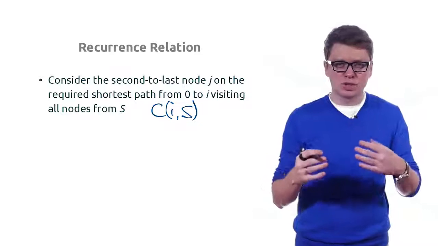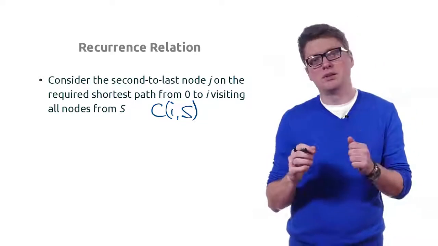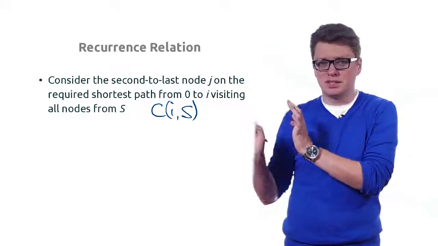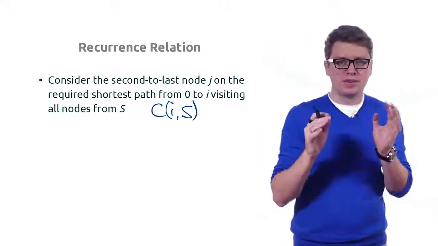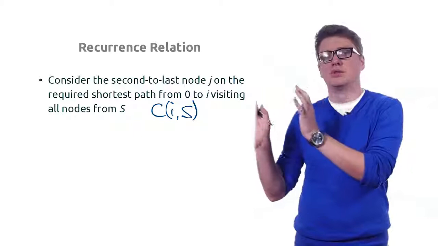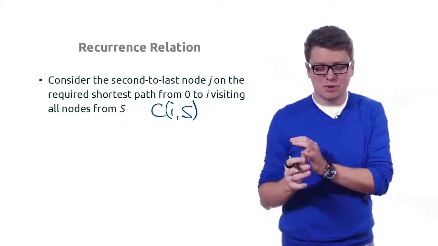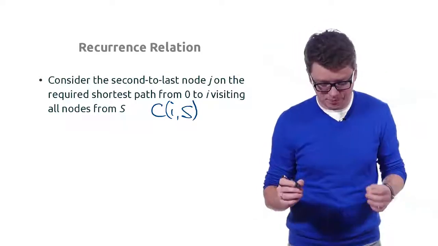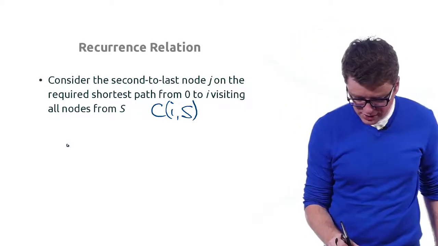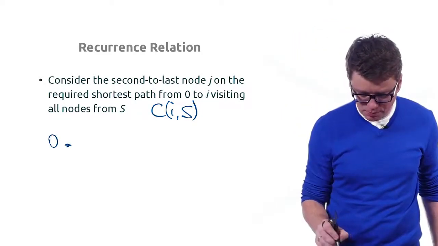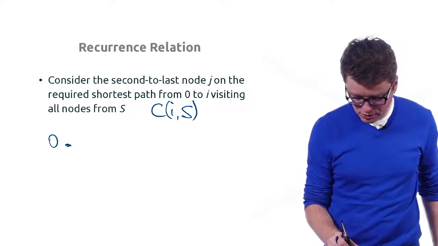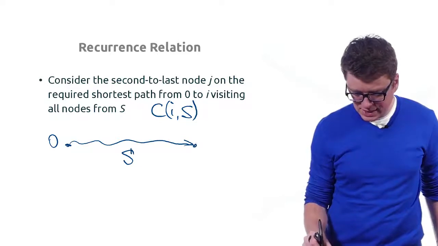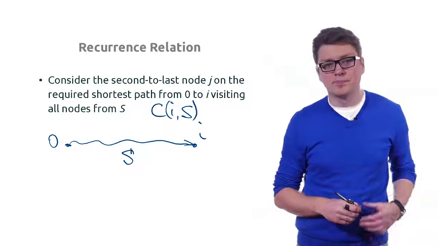So we are going to express C of (i, S) through the values of C of some other subsets. So we're going to relate C of (i, S) to values of the same function for probably smaller sized sets S. Okay, so what is C of (i, S)? This is the length of an optimal path starting from 0, visiting all nodes from the set S and ending at a node i, right?